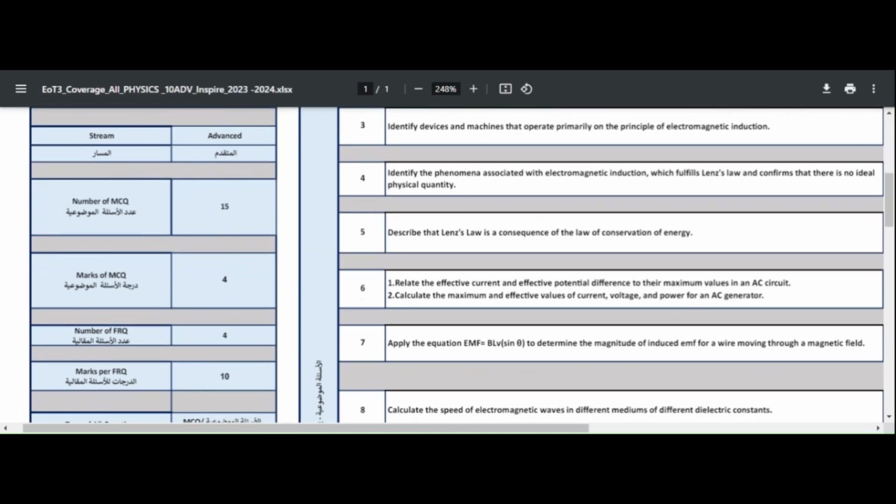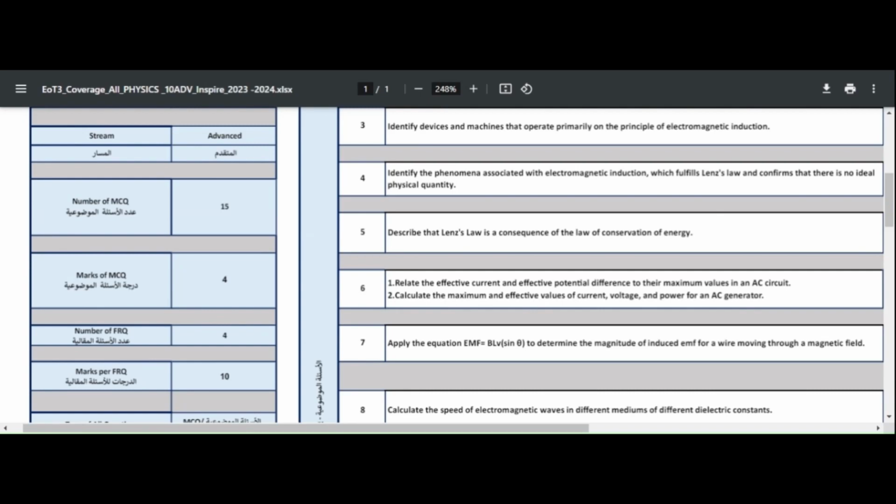Here they could give you a multiple select question, like identify devices and machines that operate primarily on the principle of electromagnetic induction. Remember, electromagnetic induction is used in several devices and machines. One is the generator, the dynamo.